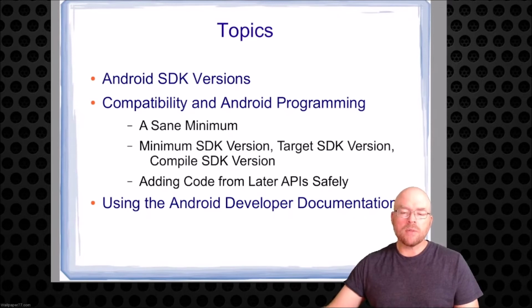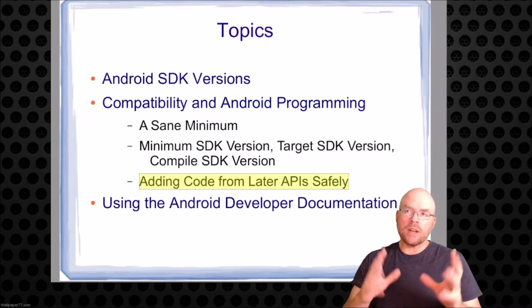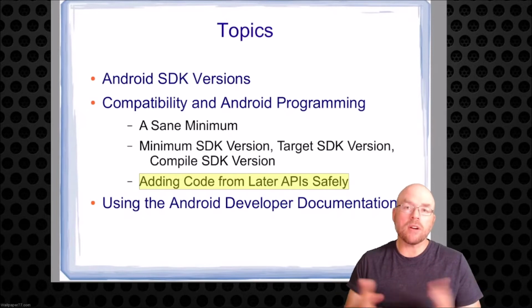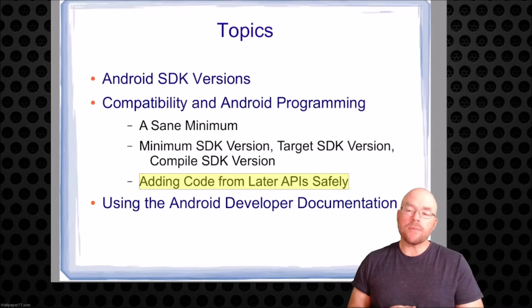And then we'll look at how we can add code from later APIs safely. In our app, we might have new features that we want to incorporate. We might want to upgrade our app because the latest version of Android came out, and there's a new cool feature in there that we want to incorporate. Now, for some reason, users out there might be stuck on an older version of Android.